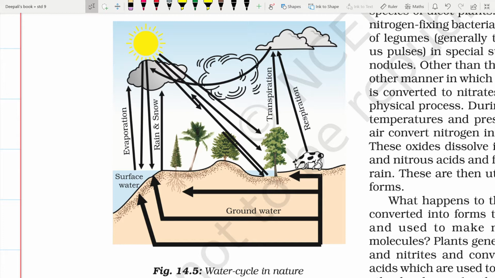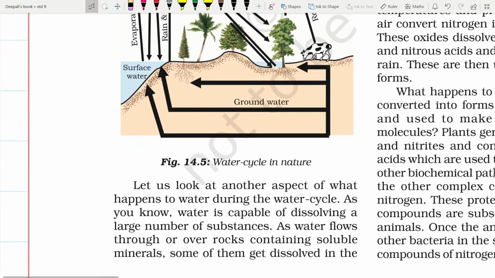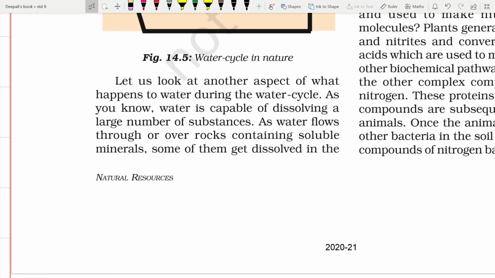Now, this heat of the sun evaporates the water, and water reaches back into the atmosphere, and after condensation and precipitation, it comes back on the earth in form of rain, back to these reservoirs. So the cycle starts from one sphere, the water moves to the other sphere and comes back to the first sphere.